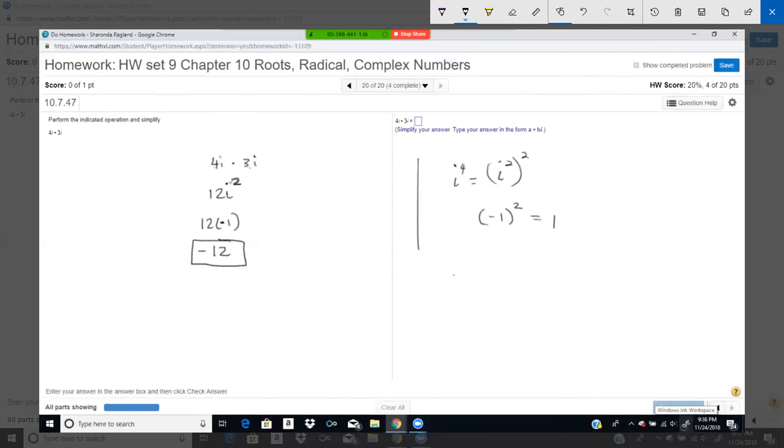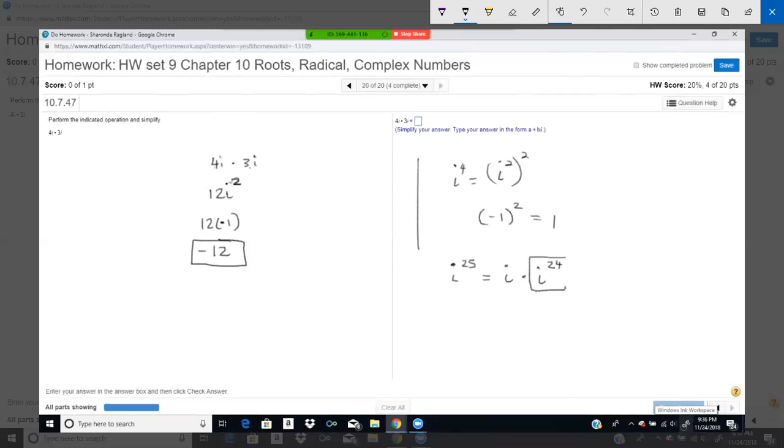So what if you have an odd power? Can I get that in terms of i squared? Well, I can separate it. So I can do i times i to the 24th, right? Because i is just i. And so I can say i times i to the 24th, which is i to the 25th, right?